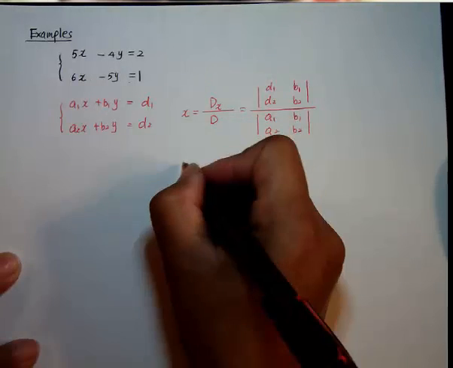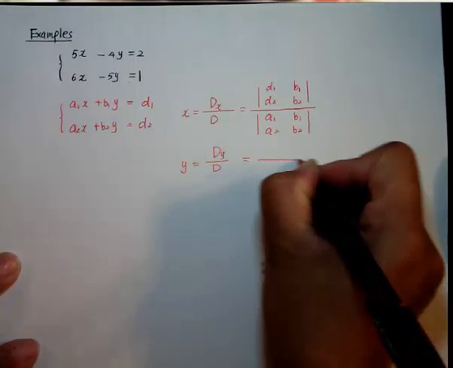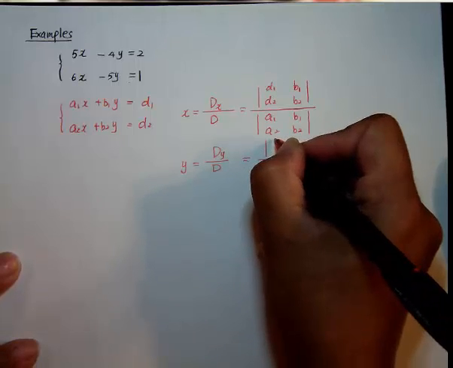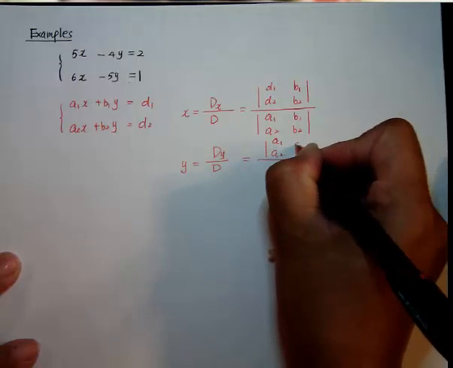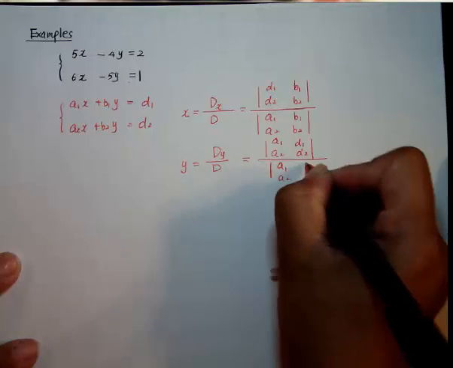Right? So y will be similar, is Dy over D. So that is a1, a2, d1, d2 over a1, a2, b1, b2.